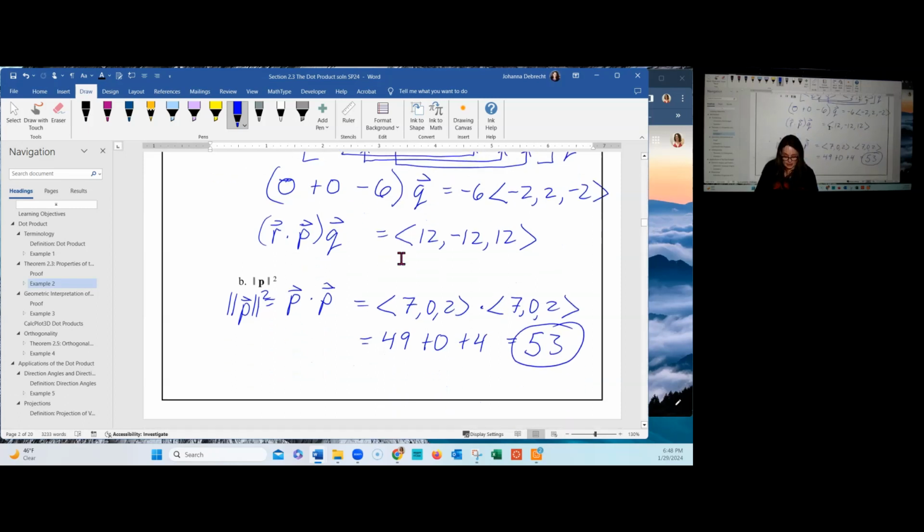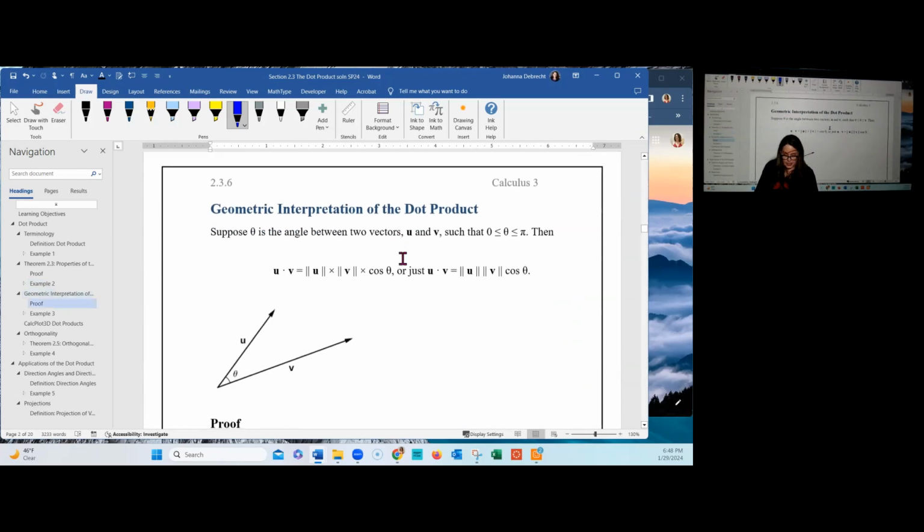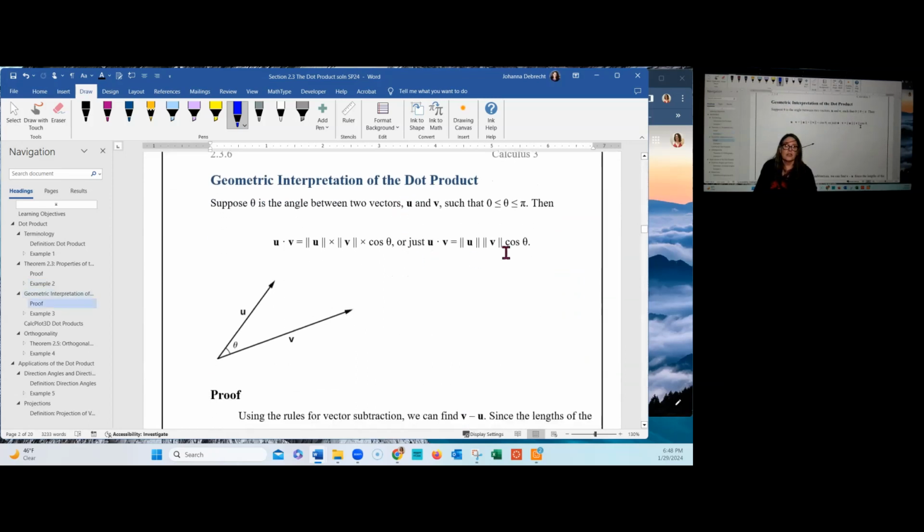Let's now go ahead and do a geometric interpretation of what the dot product is. So what is the dot product geometrically? What does it mean? What are we doing? All right, so let's take a look at this now. What we have here is two vectors, u and v, and there's an angle theta between the two vectors. Now, there are actually, in a sense, two angles between the vectors.